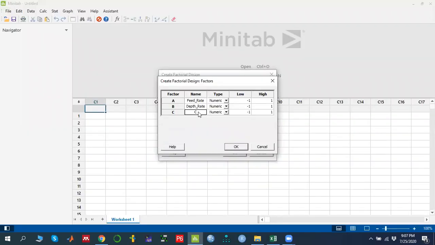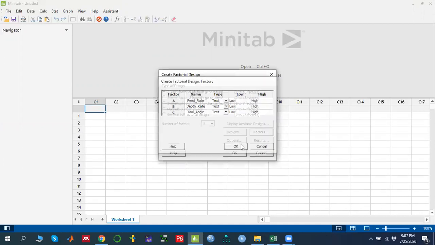Again, as I told you, I am considering the levels as text. So -1 means low and +1 means high, but I am exactly writing down those names, low and high. This one is low and this one is high.